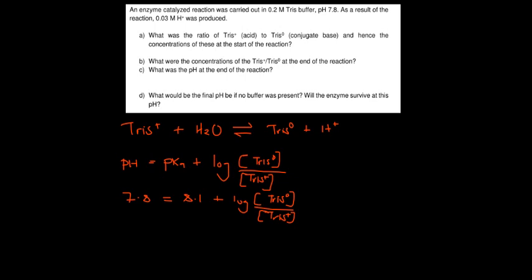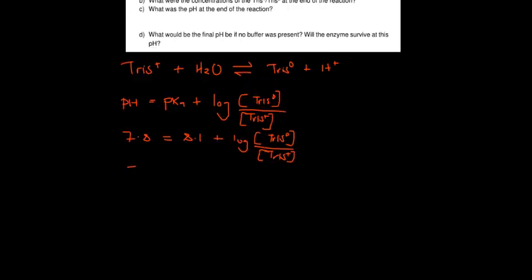So this will mean that we'll have 7.8 subtracted by 8.1 equal to the log of a fraction of the Tris base divided by the Tris acid.